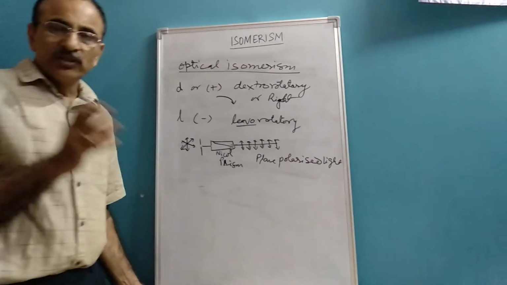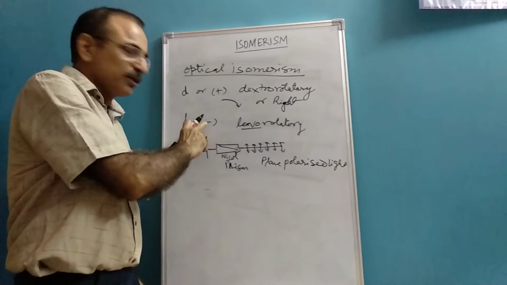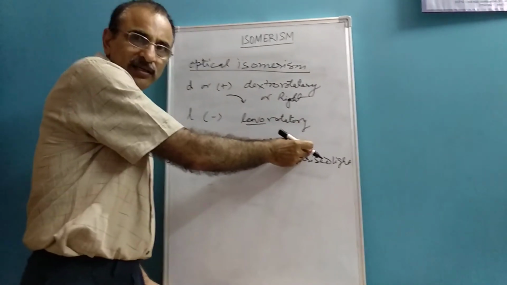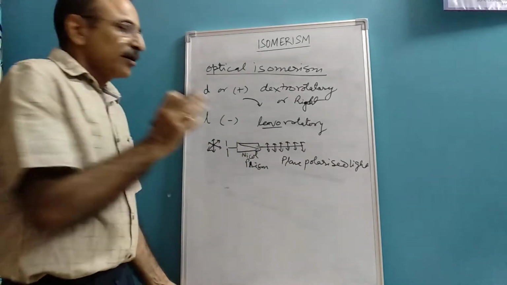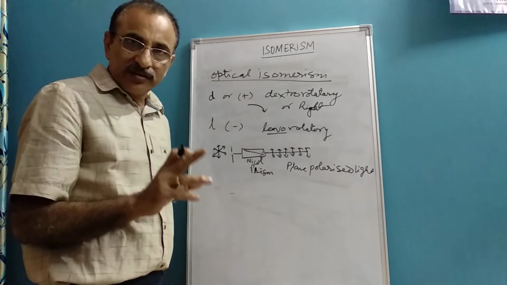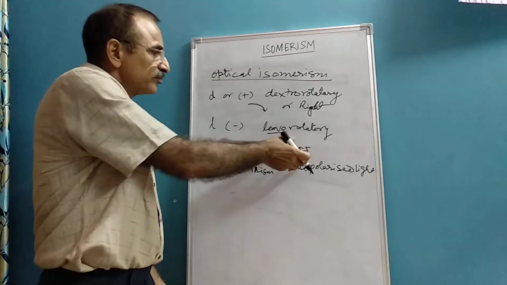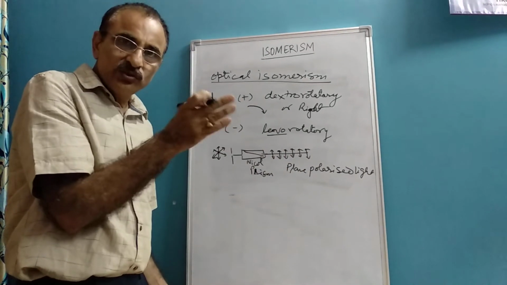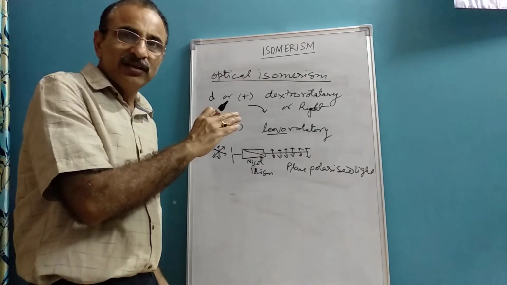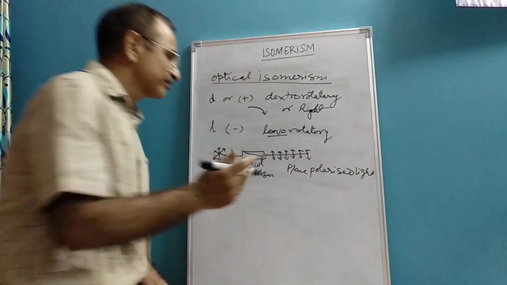Whenever the compound to be observed is kept in the path of this plane polarized light, depending on the nature of that compound, this plane polarized light may change towards right hand side or towards left hand side.